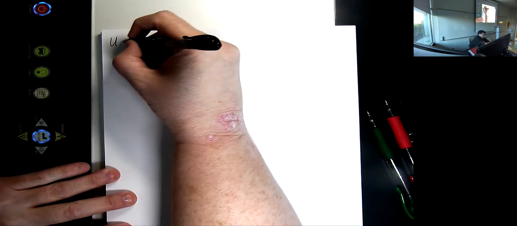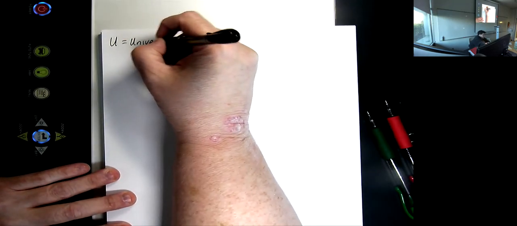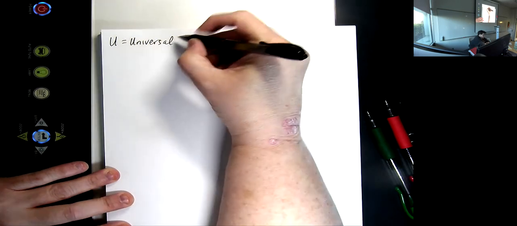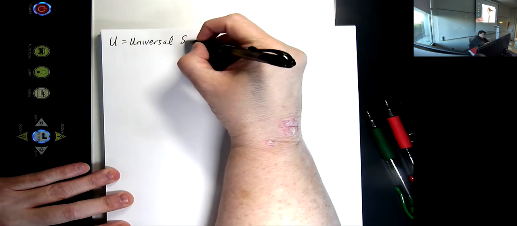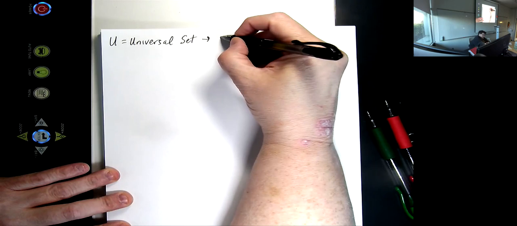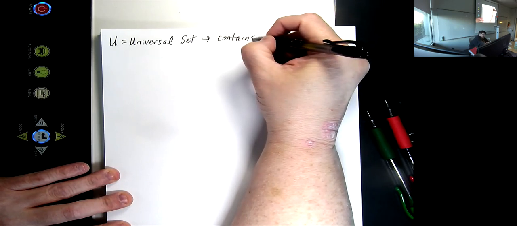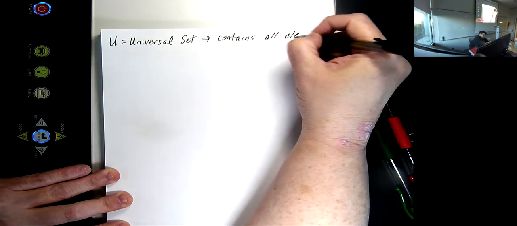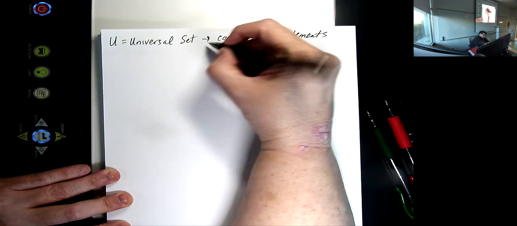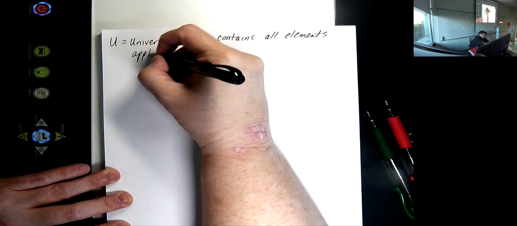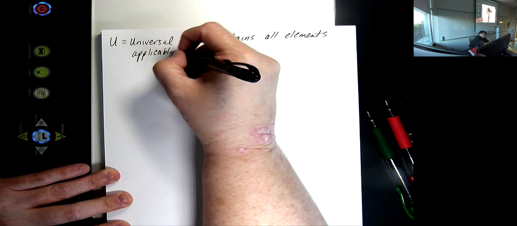All right, so another letter that's used a lot, U, is the universal set. And this contains all elements applicable to a specific situation.